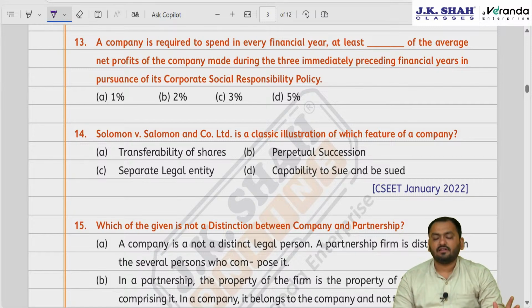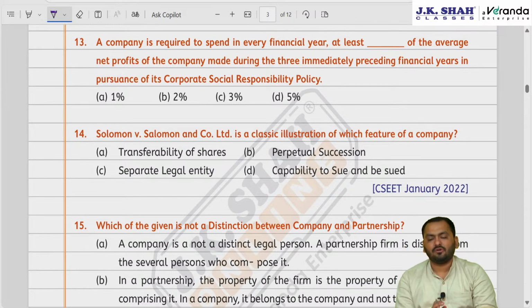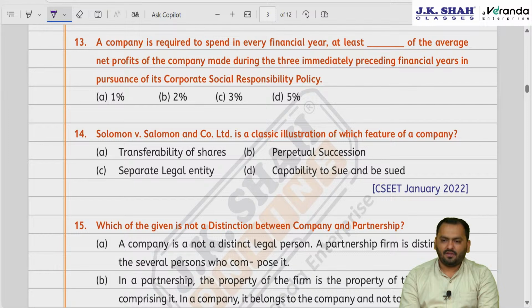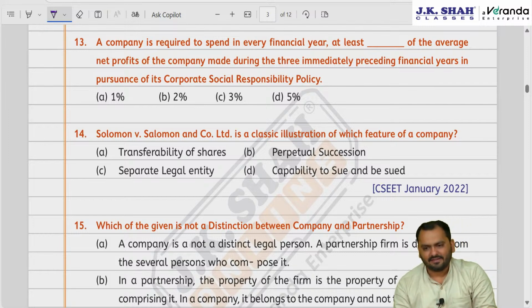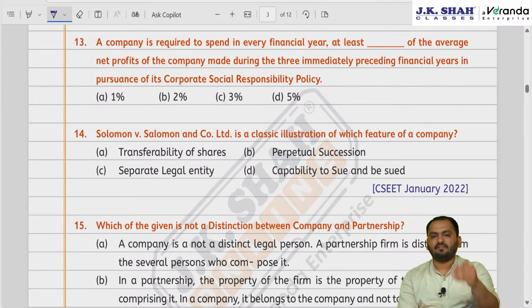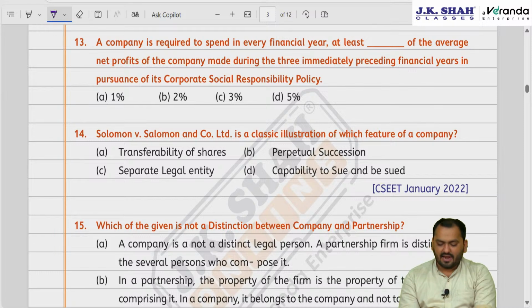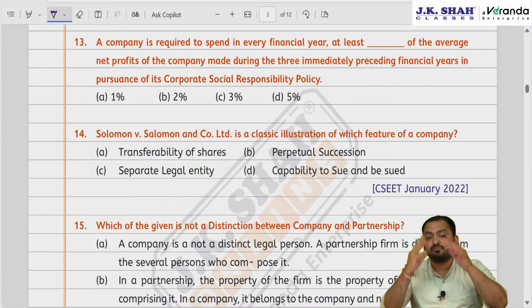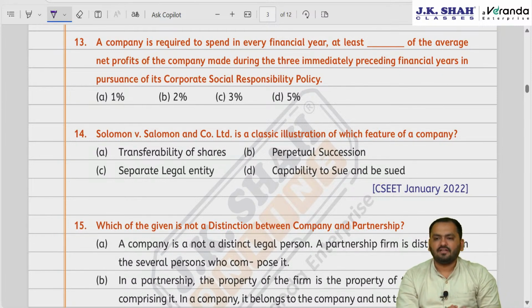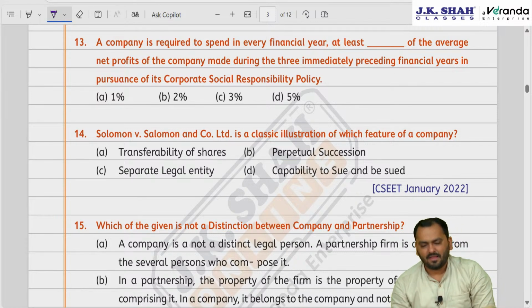In this, we directly go to section number 135 of Companies Act 2013. 135 talks about CSR. When you people come in executive, CSR is going to be a chapter in company law paper, and CSR is going to be an entire subject in your CS professional, right?